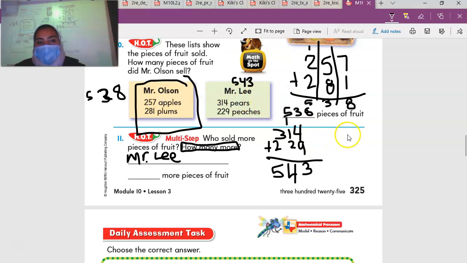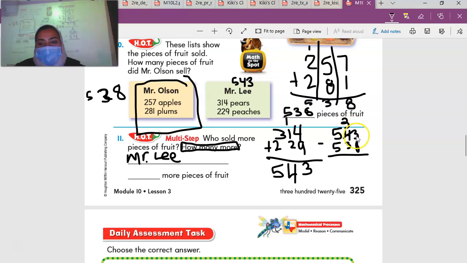When you subtract, the big number has to go on top. 543 take away 538. Okay, 3 take away 8. Can I do that? No, because 3 is smaller than 8. You have to borrow from the tens place. What does the 4 become?